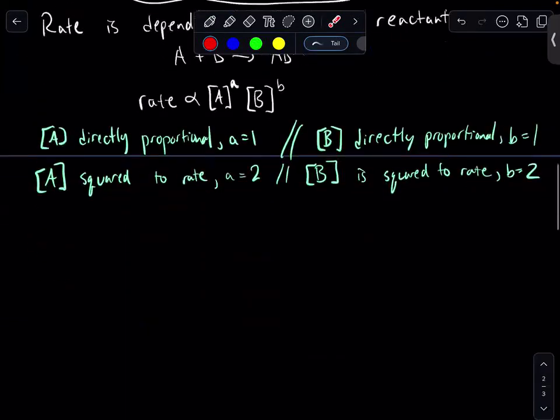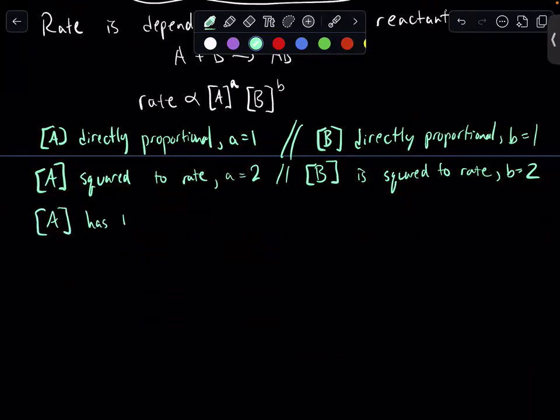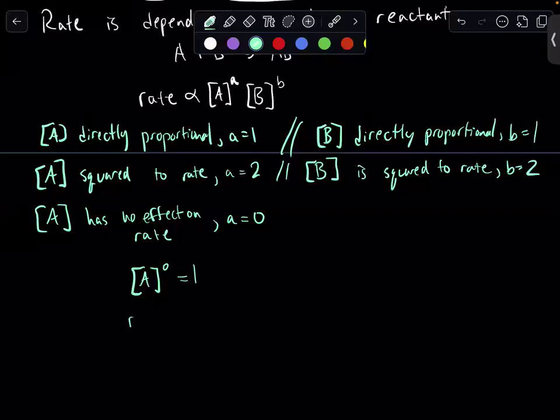So if the rate quadruples when our reactant A or B doubles, then we know that the coefficient would be 2. One thing that we haven't encountered but can be possible is what if A has no effect on rate? Well, in that case, a could be 0. Because A to the 0th power is equal to 1, our equation would just be rate is proportional to 1 times B to the b.